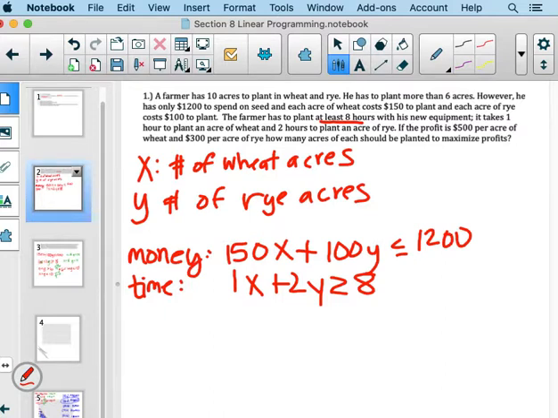And then he needs to plant more than 6 acres. So it's kind of like a requirement that he has. So the number of acres of wheat plus the number of acres of rye needs to be greater than 6.